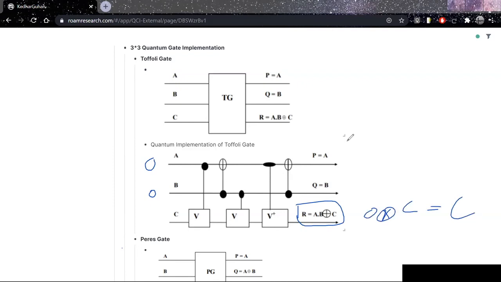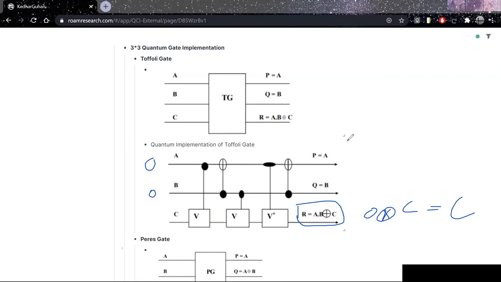We want to have the C bit untouched. Even in the high level description of the Toffoli gate, this is the concept: when the control bits A and B are 0, then we don't touch the target bit. When the two control bits are high, then we flip the target bit, basically inverted. So here the formula sits.